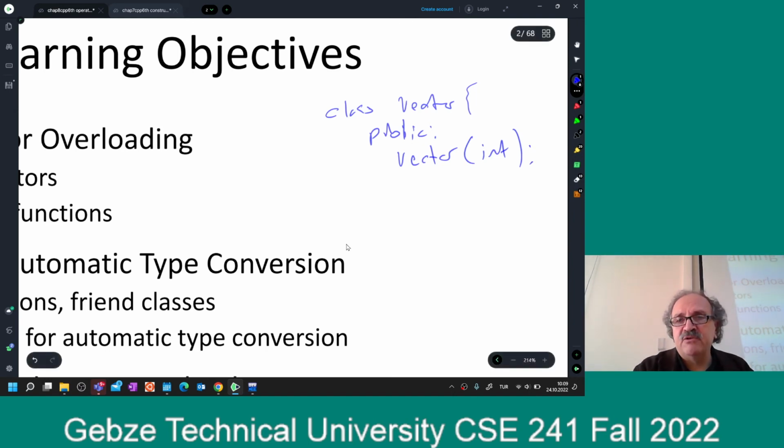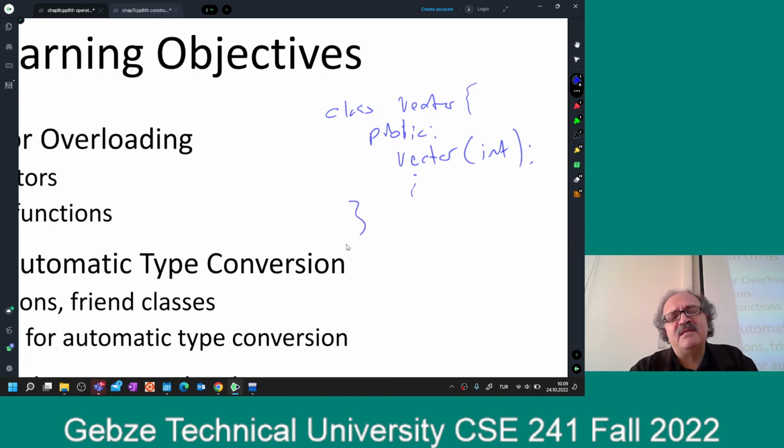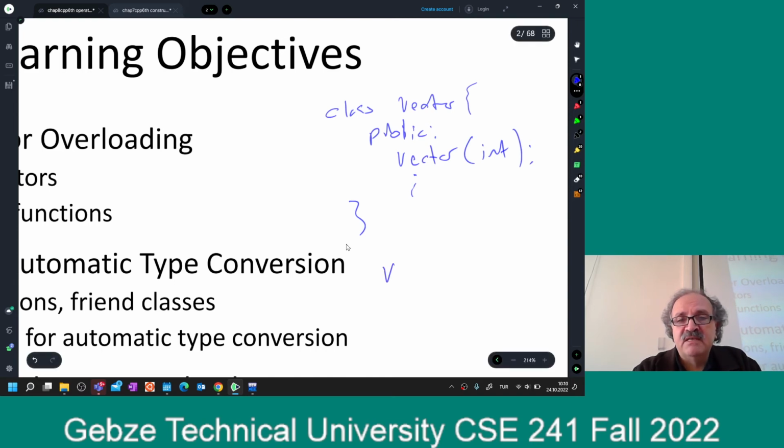So I don't care about the rest. Do you want this constructor to be used as a conversion constructor? Let's do this: vector A, B. I can do A assignment B, no problem.